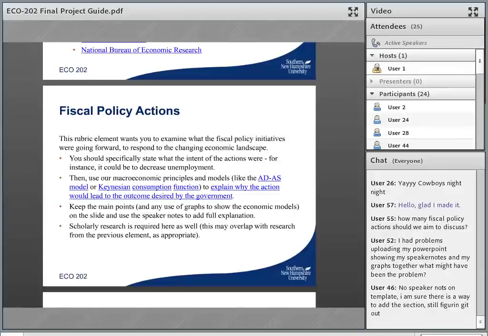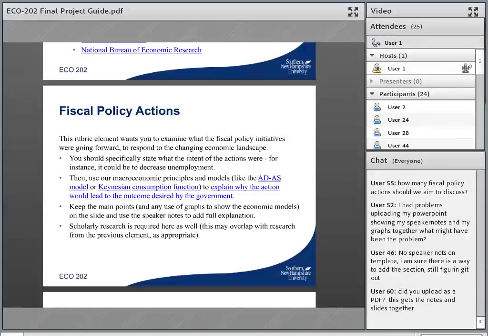Usually, one option to narrow it down, and again, don't cite this, but it's a good starting point. You can look up your president on Wikipedia, the president or presidents that were in office in your time period, and on their Wikipedia page, they're almost always going to have a section on their economic policy.